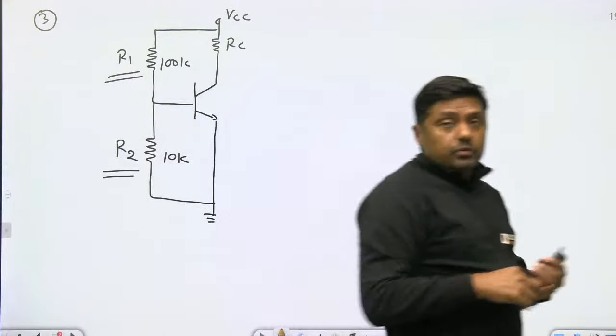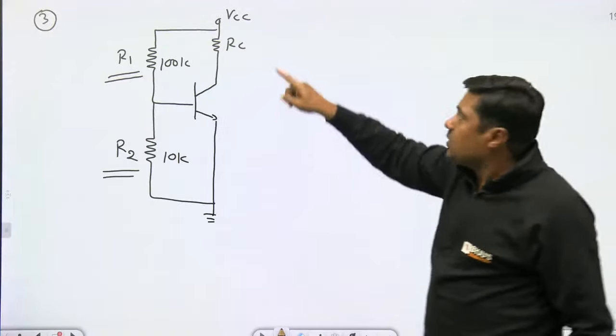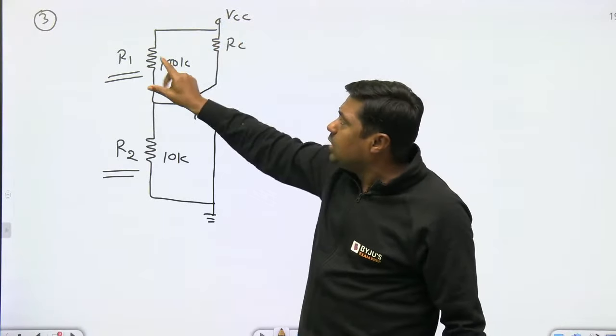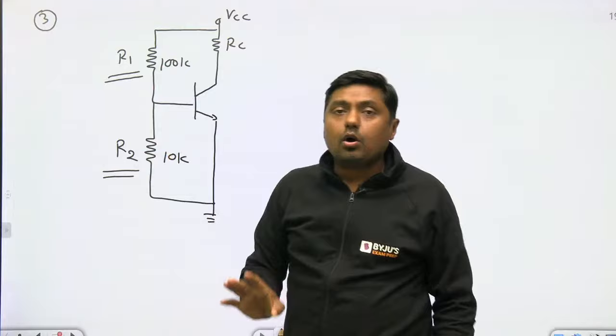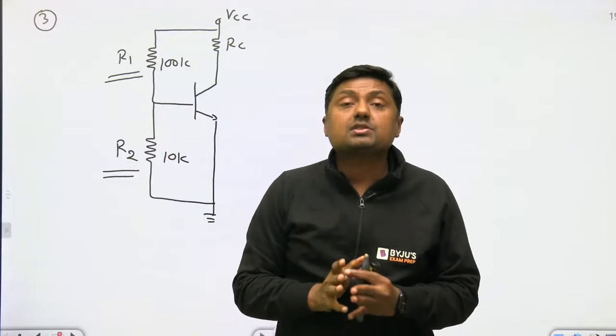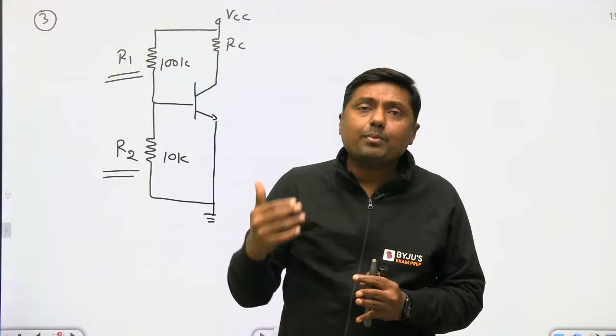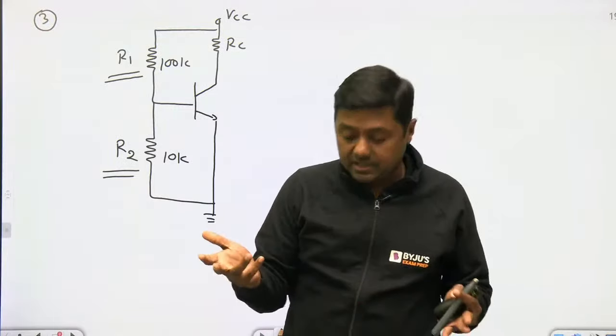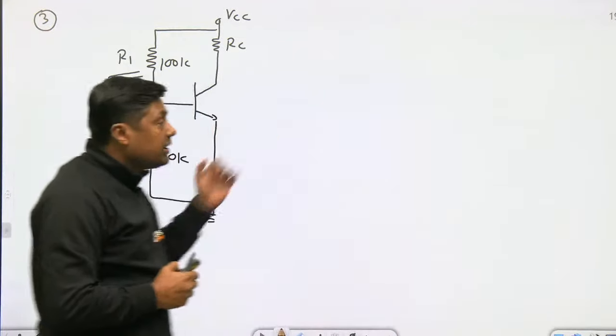So the advantage of this circuit is a single battery as well as a low value of resistor is required. Always remember, in IC fabrication it is very difficult to fabricate a high value of resistance. So that is the advantage.